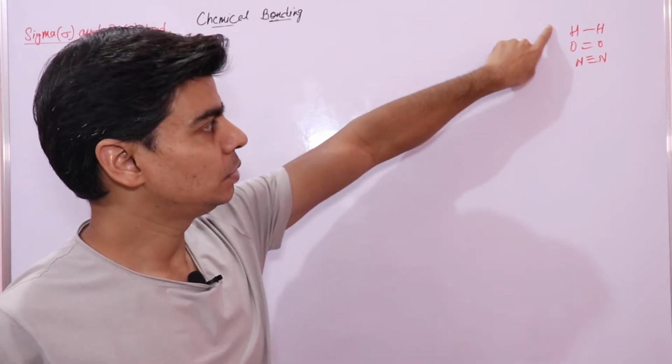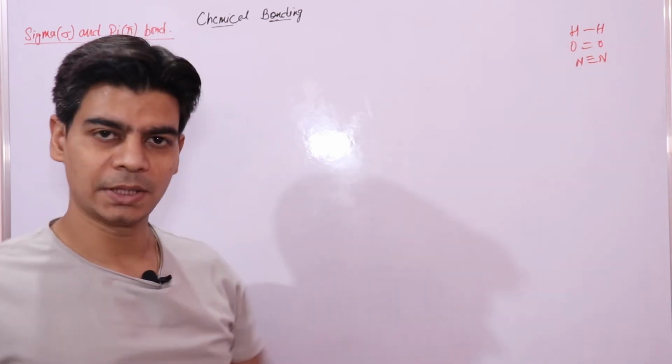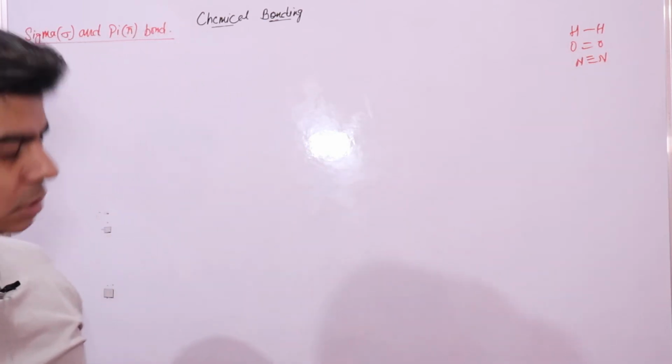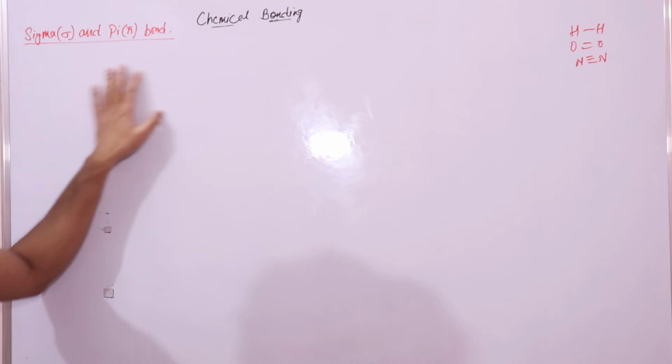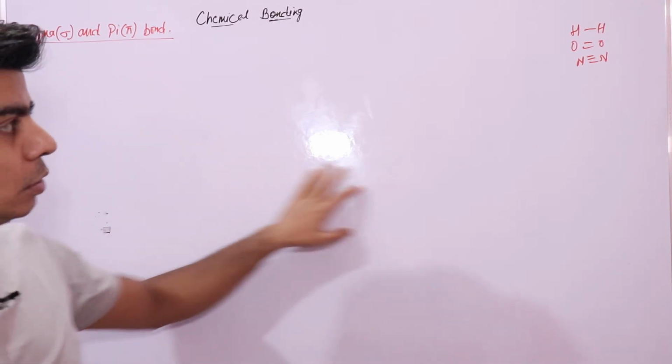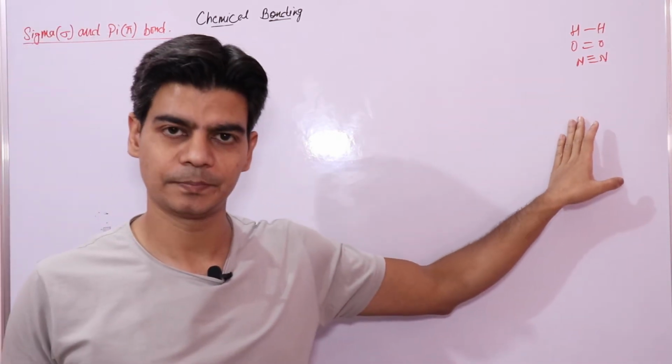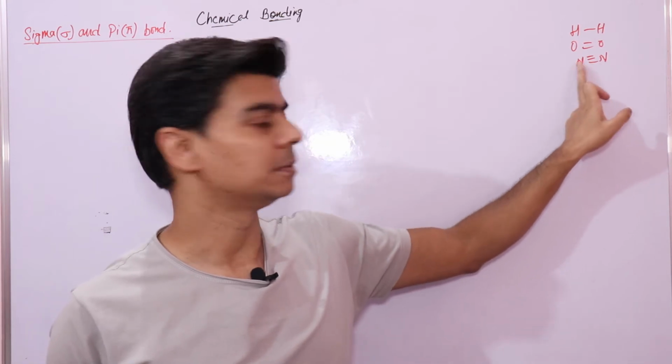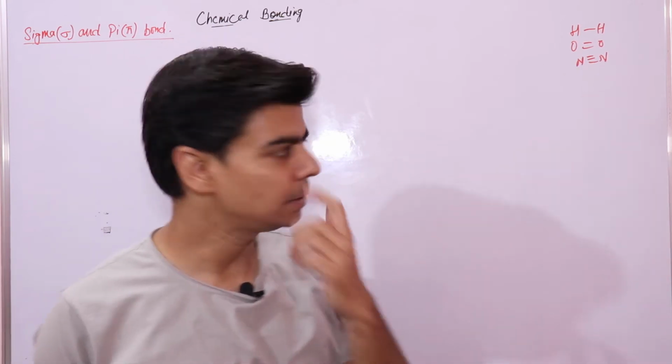These bonds are either sigma bonds or pi bonds, depending on the overlapping of orbitals between the combining atoms.